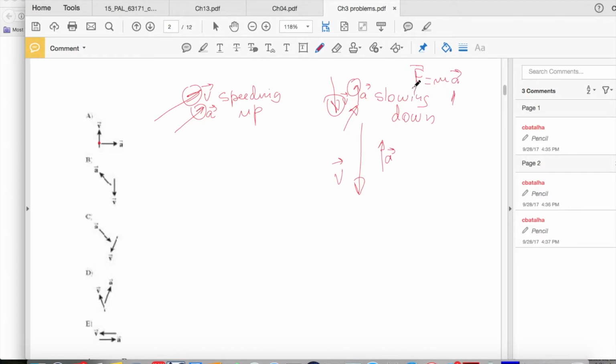So the direction of acceleration is the same as that of the net force, which means the car goes down in that direction, but there is a force that is holding up, that is preventing the car from speeding up. So it's a force responsible for slowing down the car, okay? So what you need to do in this exercise is to determine how this net acceleration projects along the direction of your velocity vector.